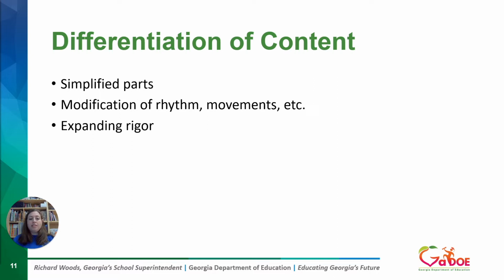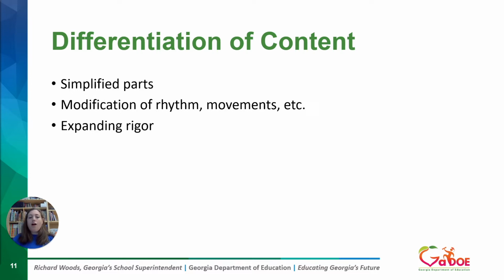And then you can also expand the rigor. For example, you can have students create their own new parts while the rest of the class is still working on learning their parts. Maybe a student who has the singing part down can start playing an instrumental accompaniment while the rest of the class is still working on the singing part.